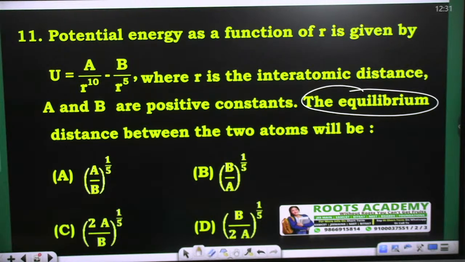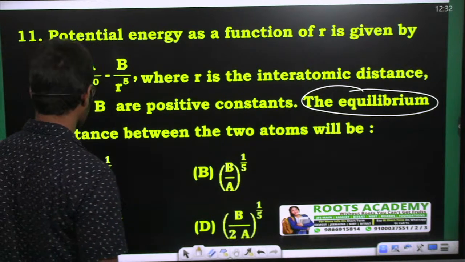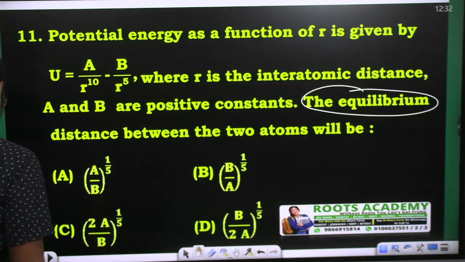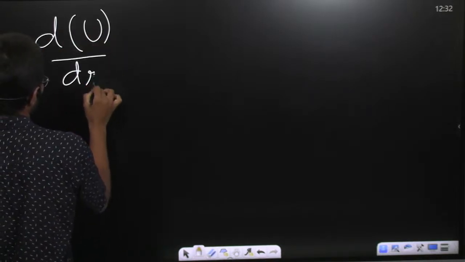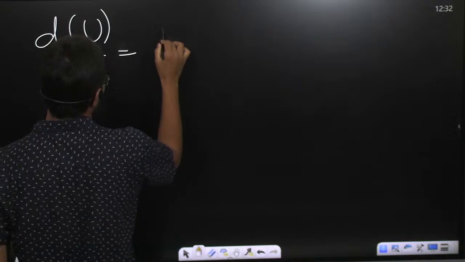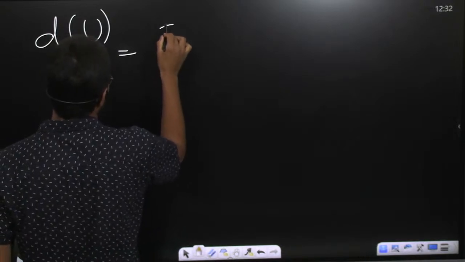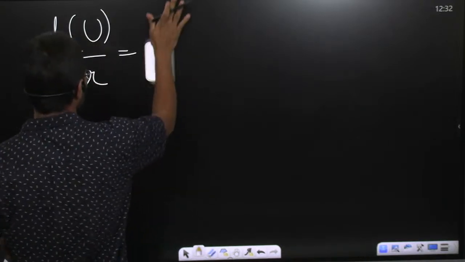It is the rate of change of potential energy with respect to R, which gives us the F net.